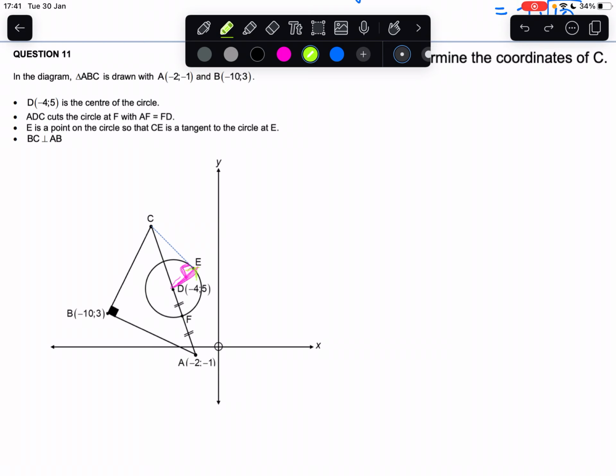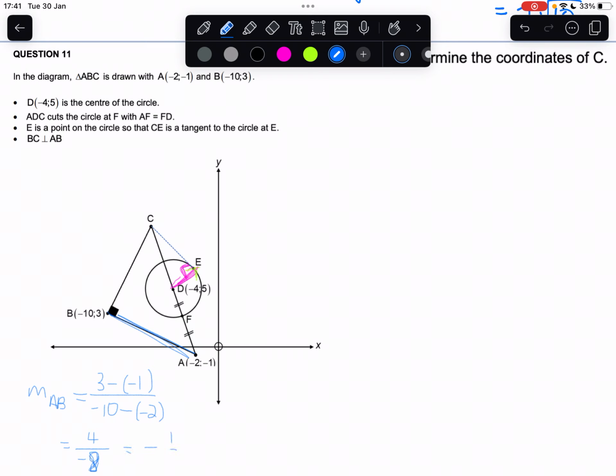Okay, let me just work out gradients. The gradient of AB is 3 minus 1 divided by minus 10 minus 2. So this is 4, and minus 10 minus 2 is minus 8.